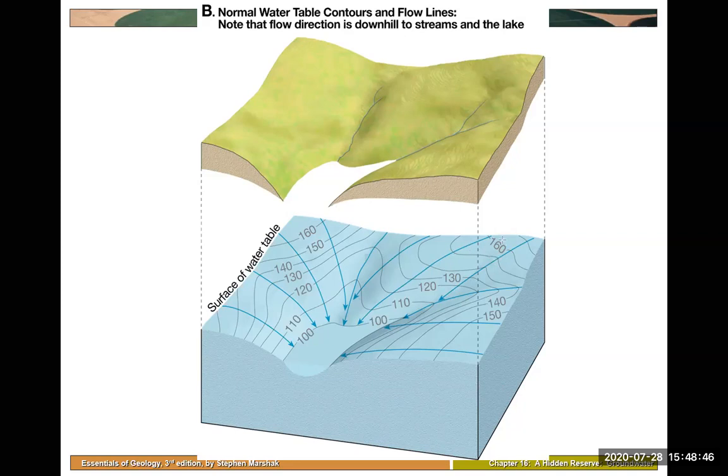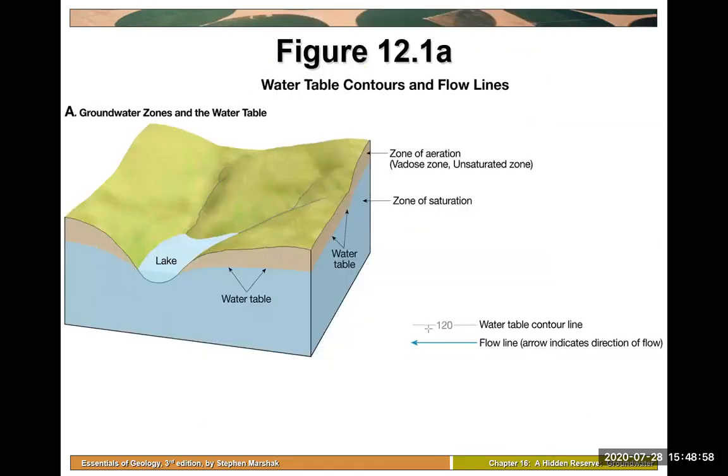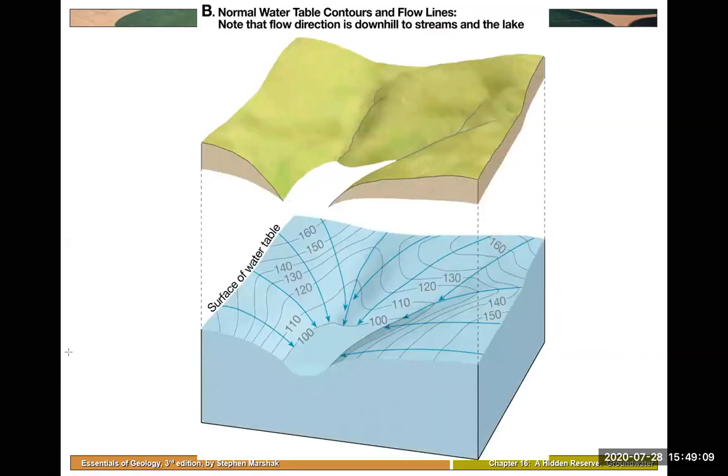One is the gray one with numbers on it, which is the water table contour lines, and the other one is the blue ones that we call water flow lines. I explained that in the last slide. So the water table contour lines have the numbers, and the flow line, the blue one, has an arrow indicating the direction of flow. As you see here, flow is determined by measuring hydraulic head.